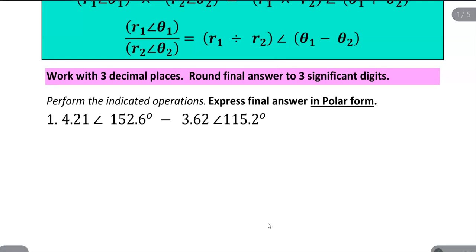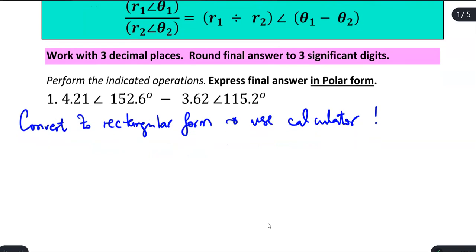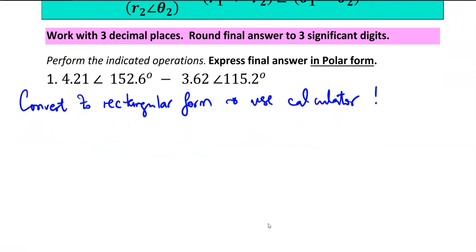Alright, so I'm going to ask everyone to convert to rectangular form. And we are going to use the calculator. Any calculator that you have should have the function to convert a complex number from polar to rectangular.